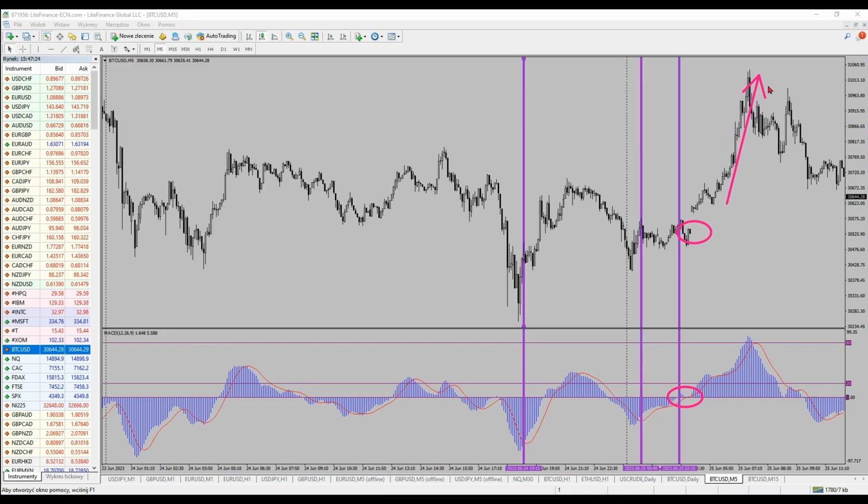Again, it is very, very important to understand from the beginner's perspective that in that case, you have to know where we are from a higher time frame perspective. If the market is moving higher, then you are looking for trades in that direction. If the market is going lower, then you are trying to scalp the short side.